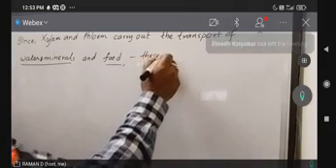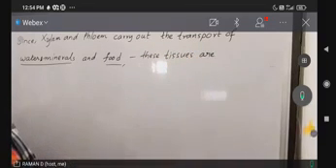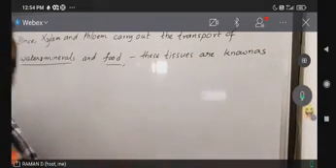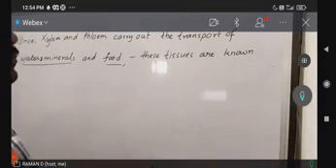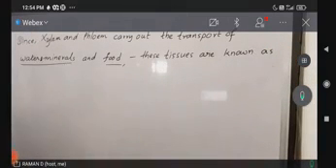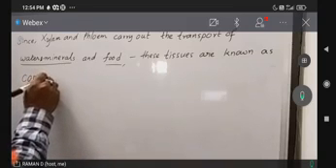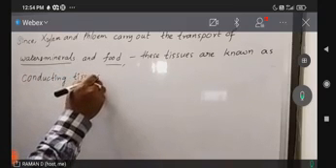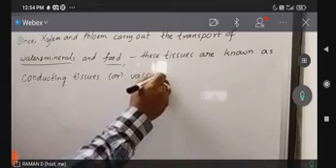These tissues are known as conducting tissues or vascular tissues.